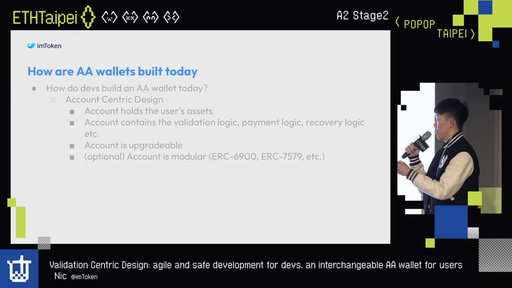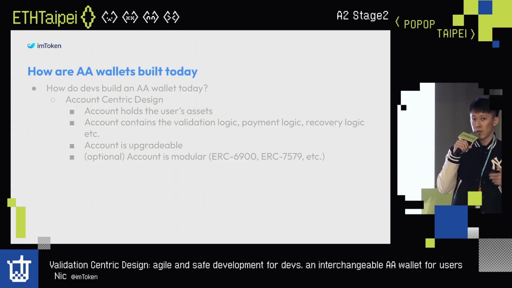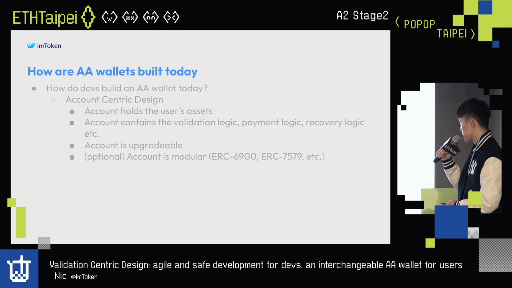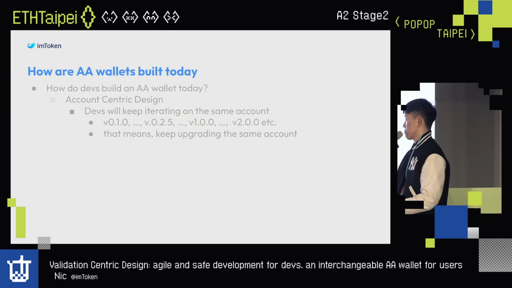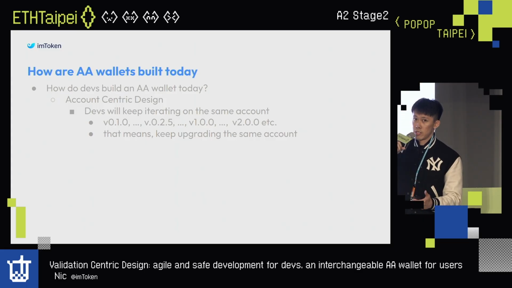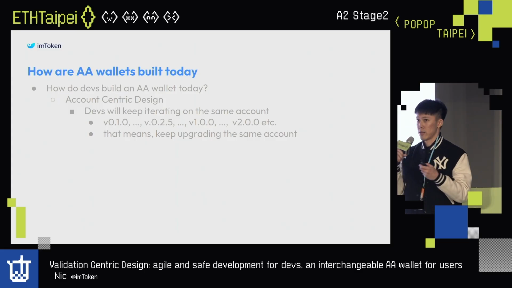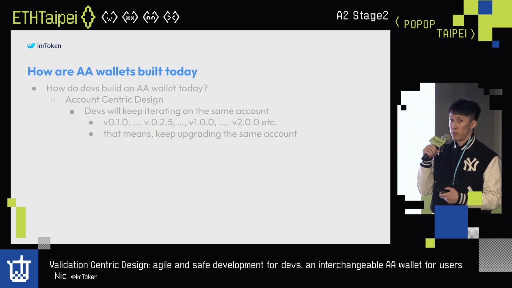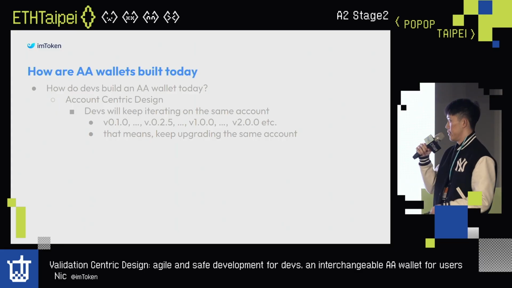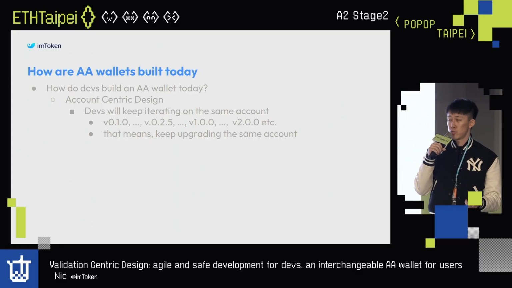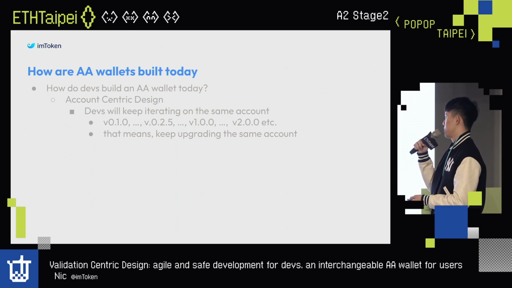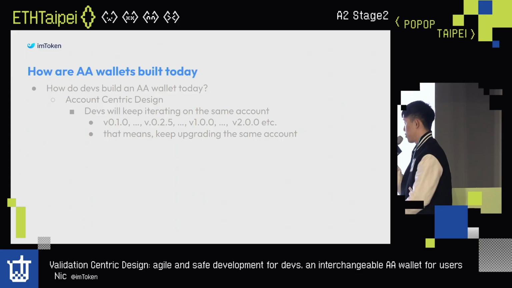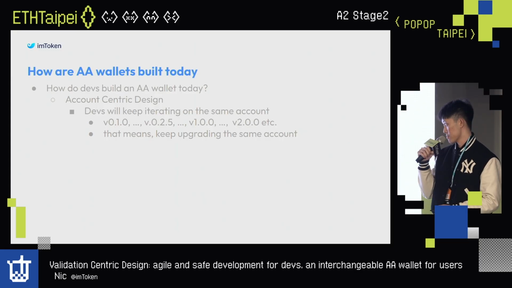So the account not only holds the user's assets, but it can also contain very complex logic. Devs will keep iterating on this same contract. For example, you could start with 0.1.0, then keep going to 0.2.5, then version 1.0.0, and then one day you might reach version 2.0.0. That basically means you're going to keep upgrading this same account.